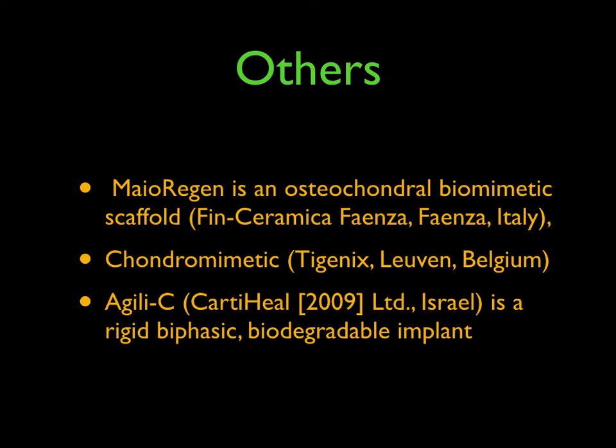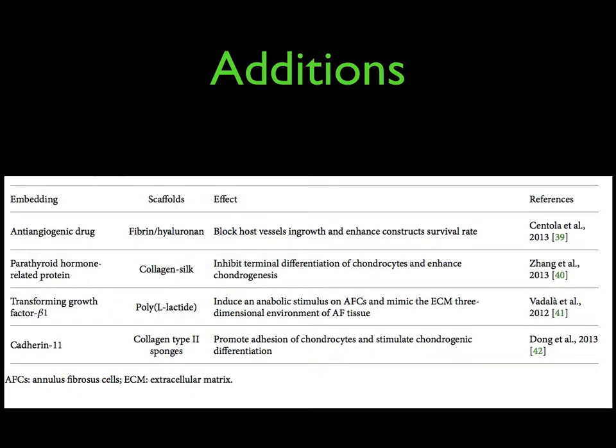So the Fin Ceramica one is the only one available of all the things that I mentioned. But as I said, these scaffolds can have additions like anti-angiogenic drugs, parathyroid hormones, TGF, and cadherin, so they can be tailored to your use. As I said, your fuel could be implanted in the car to drive you to a certain destination.